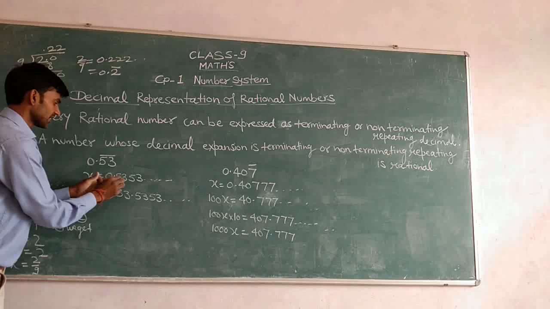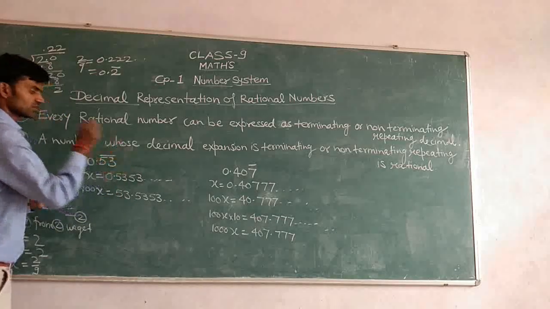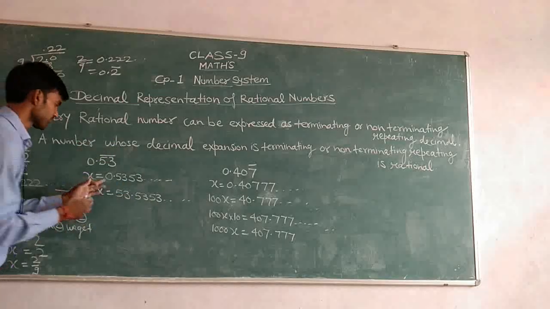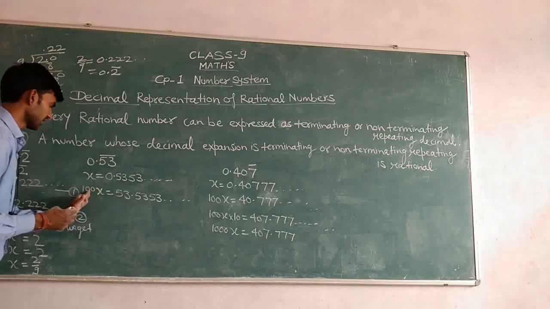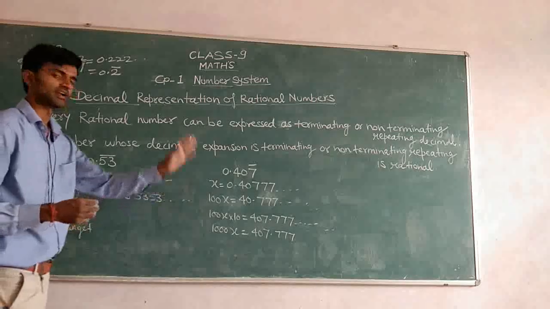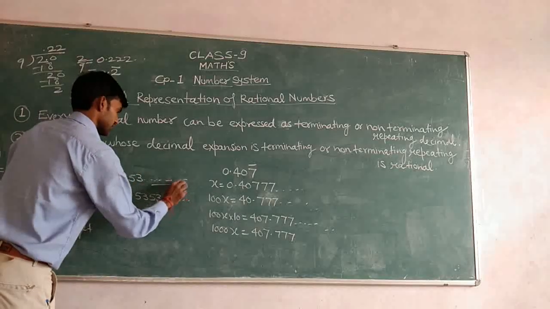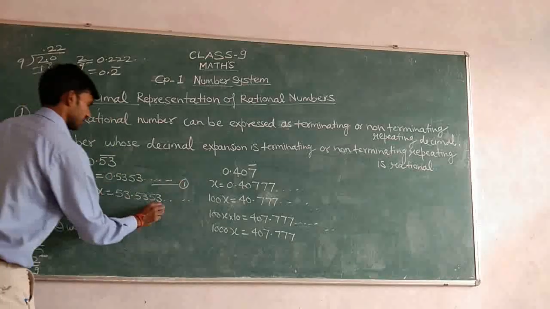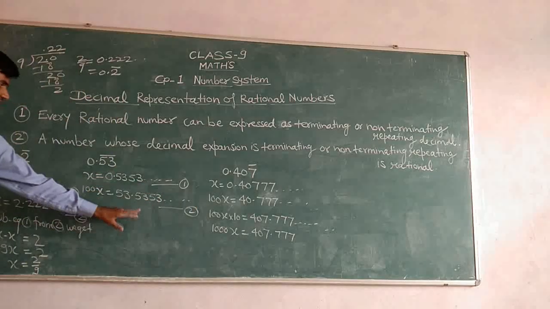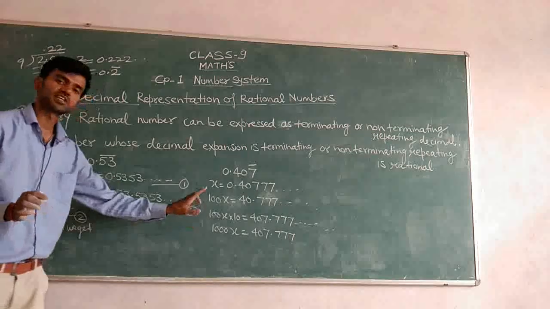When we multiply by 100, the decimal moves 2 places from left to right, and 100x is equal to 53.5353 and so on. Name this equation 1 and this equation 2. Look at equations 1 and 2. After the decimal, the numbers are the same.